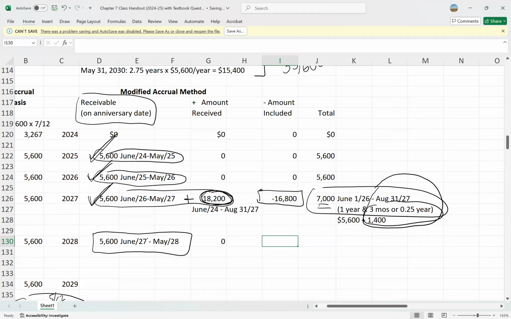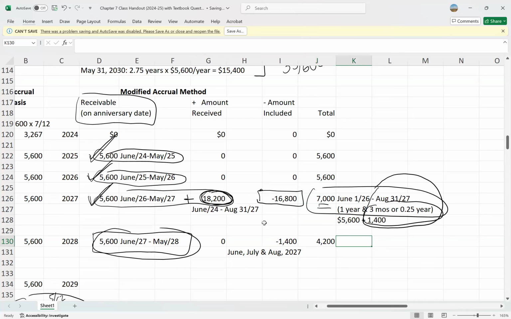So the first 3 months of this period, we now have to subtract. So basically the June, July, and August 2027, we now have to subtract, which is that 1,400. So then the total we would include in 2028 is 4,200.